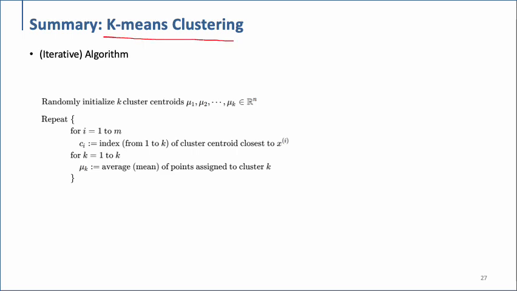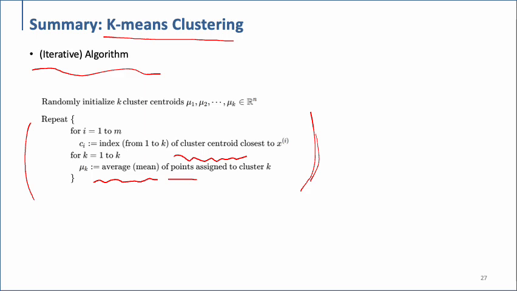The k-means clustering algorithm is an iterative algorithm to find clusters. We repeat the process until we find the proper centroids, or centers, of the clusters. For that, we use the average of points and allocate, and by doing this process iteratively, we can find proper centers of the clusters.